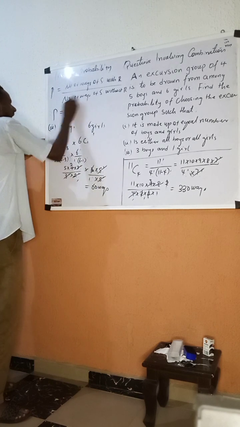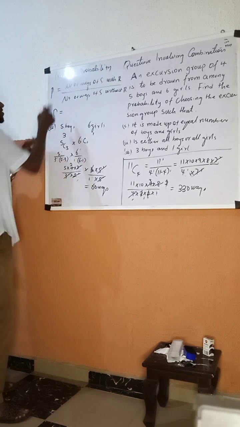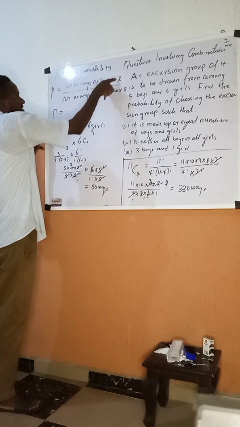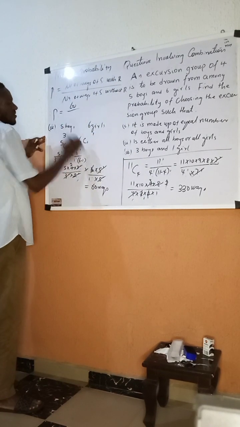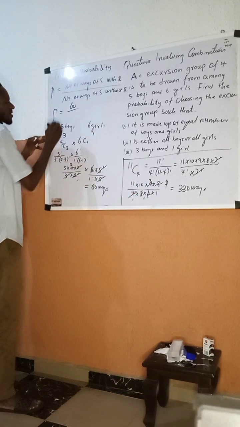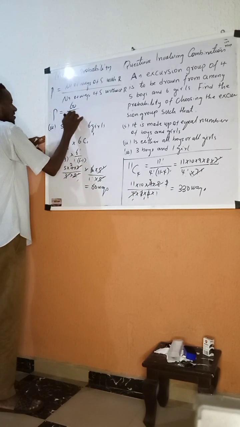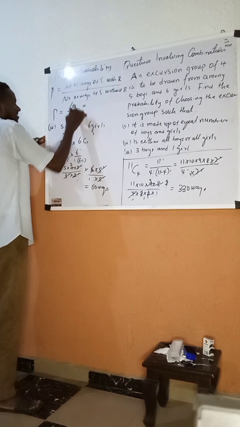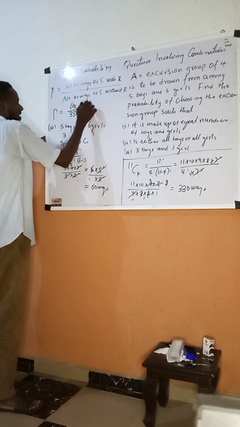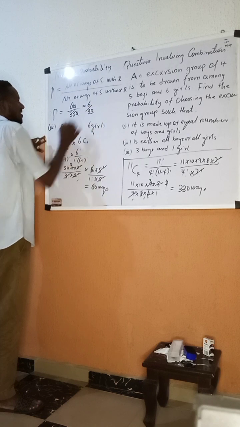The probability I have for III is now going to be the number of ways of selection with restriction, which is 60, over the number of ways of selection without restriction, which is 330. This equals, of course, the 0 is gone, I have 6 all over 33.